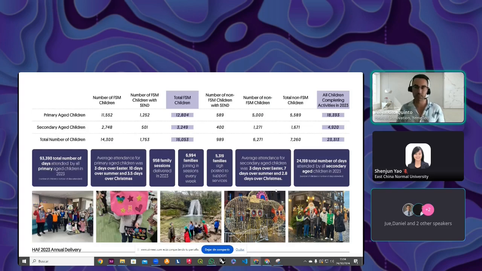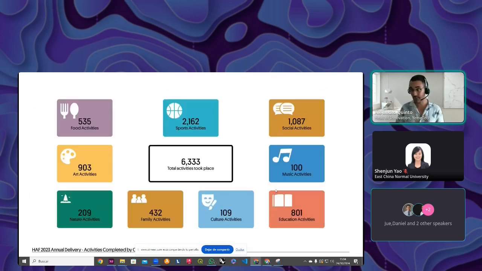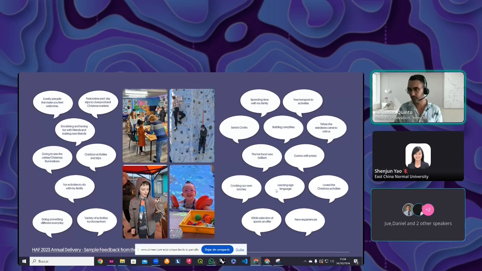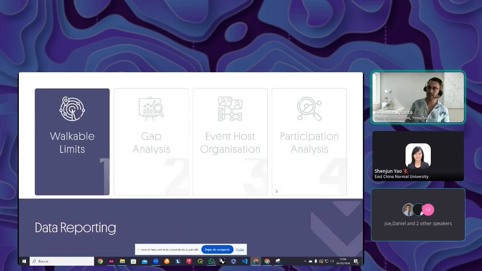And this is just some of the key figures of all the children that benefited from the program, all the activities that took place, organized by different themes, and some pictures of those activities. And this is a report that we recently did after a few seasons, because this was happening during Christmas, Easter, and summer, and it's been happening for 3 or 4 years now.